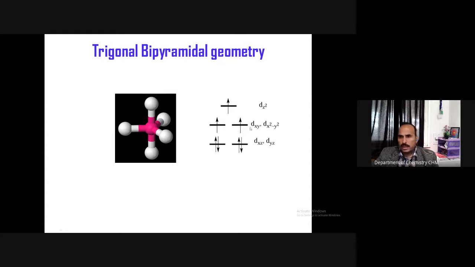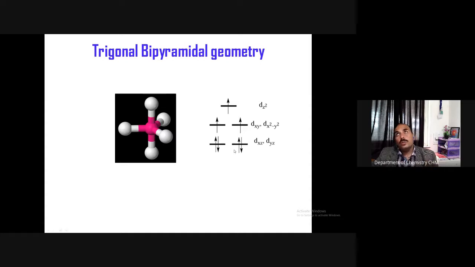So obviously their energy will be equal, and a new energy level will be formed. The dxz and dyz having the z component and of course the x and y component, their energy will be lowest because they are the farthest away from the direction of approach of ligands. This is how basically you can understand.